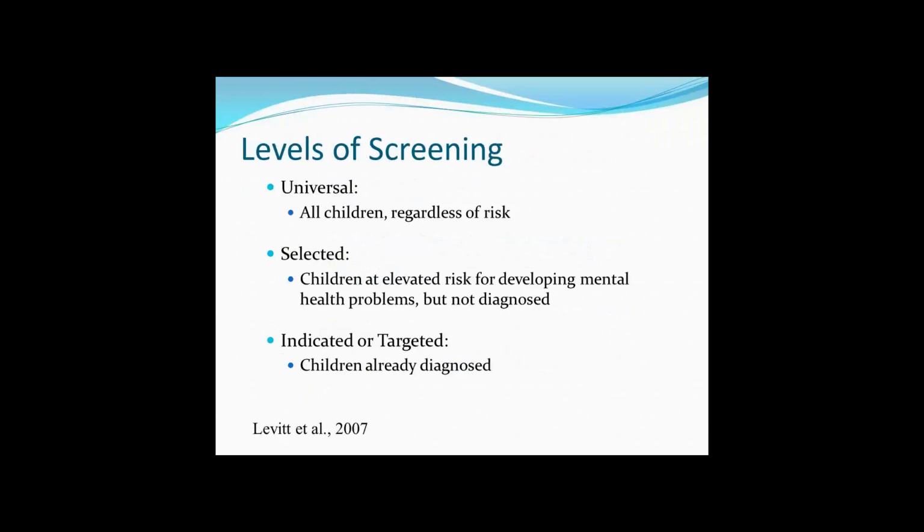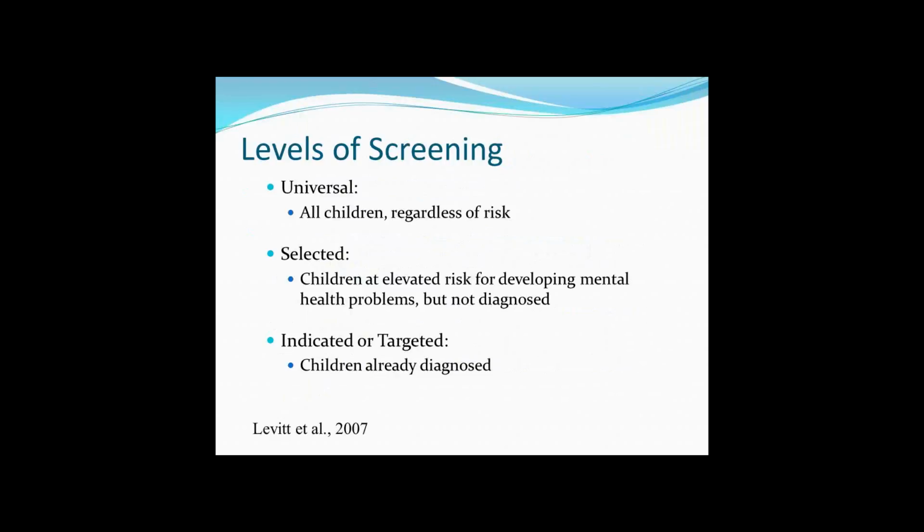This may look familiar. Levels of screening matches up very well with RTI. We do screening in RTI as well, so these terms should be familiar. Universal screening is where all children will receive the screening.